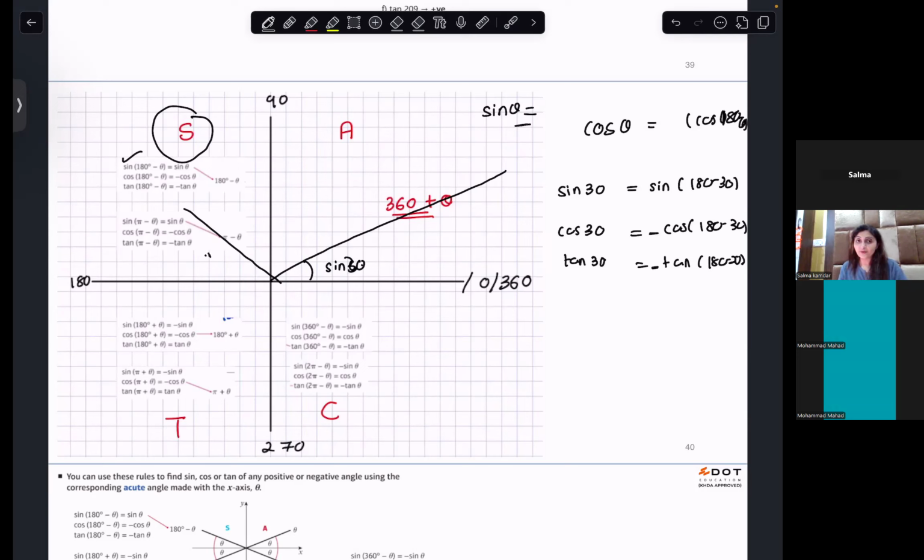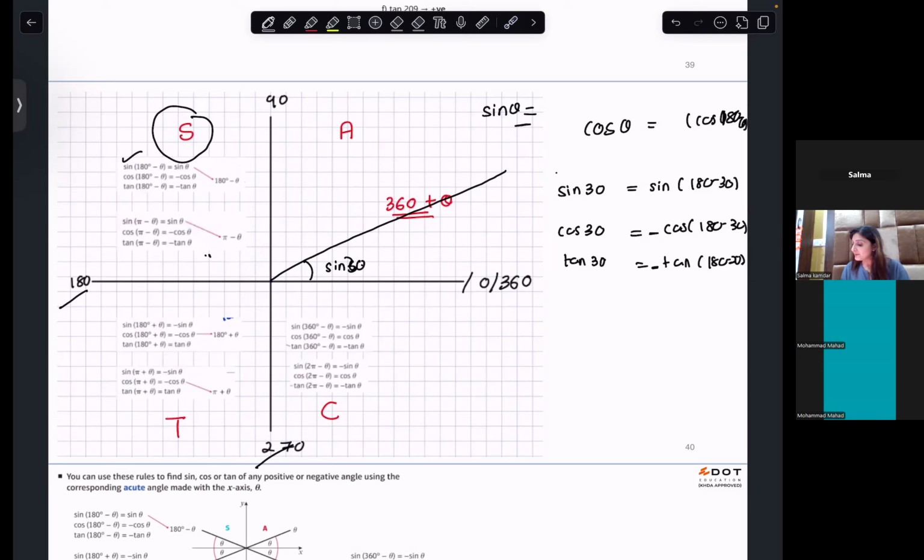If I want an equivalent theta between 180 and 270, over here only tan is going to be positive, and it will always be 180 plus theta. This line is always 180 minus theta.